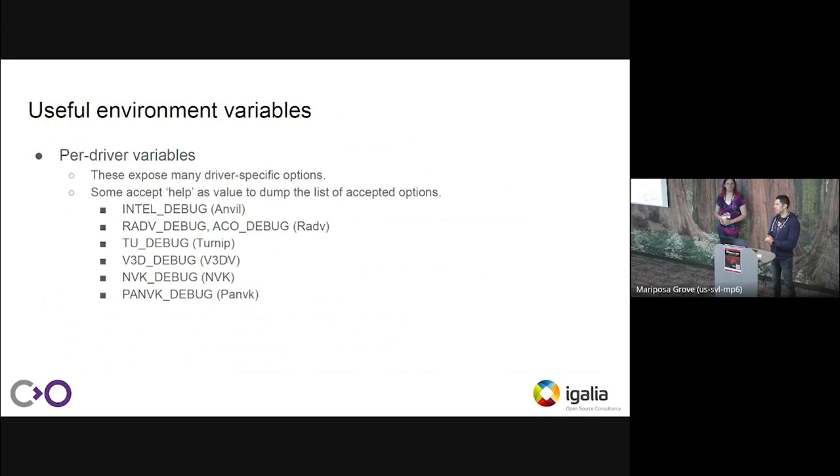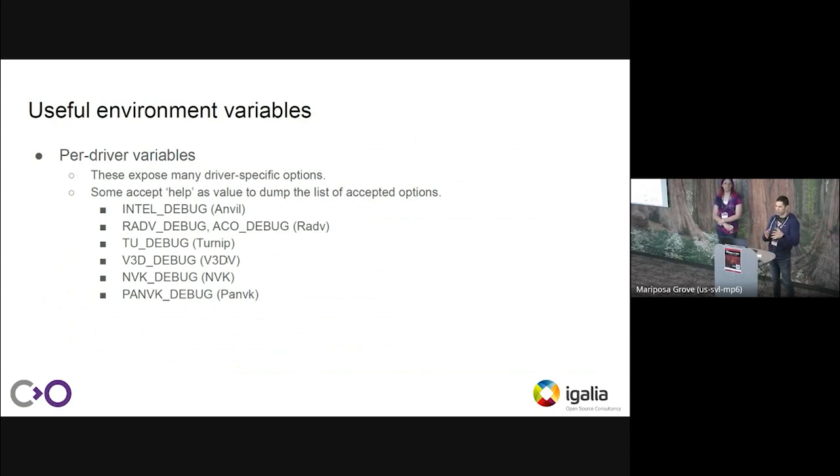But the really meaty stuff, I think, is in the per-driver variables. Each driver in Mesa typically has a debug variable that you can specify with a number of parameters that control various aspects of how that driver is going to work. These range from things like getting shader assembly dumps to enabling or disabling certain optimizations or behaviors of the implementation and things like that.